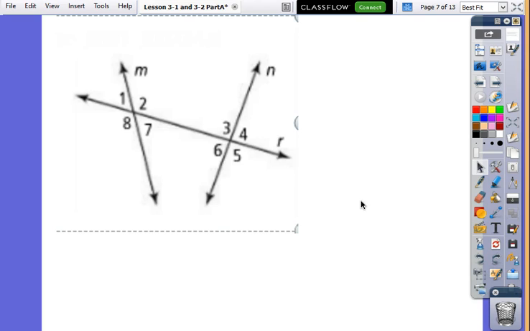Next, what is the relationship between angle 5 and angle 6? What's the relationship between angle 7 and angle 6?